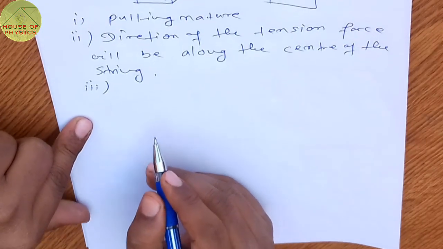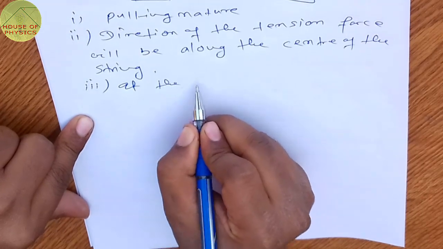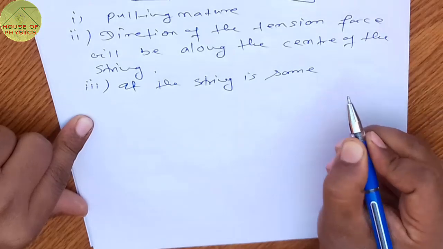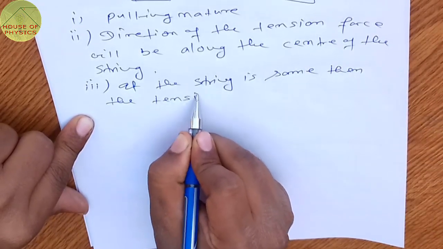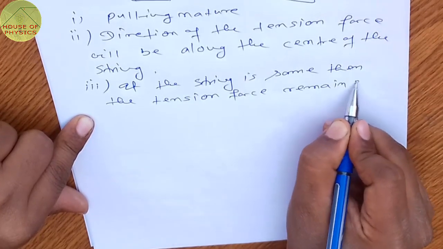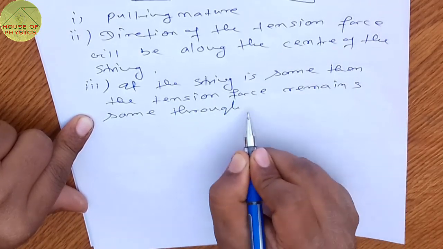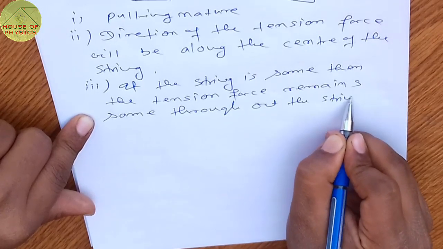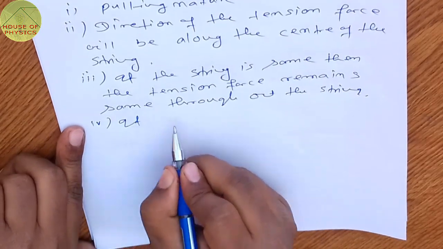For example, let me first write all these things: if the string is the same, then the tension force remains the same throughout the string. Next point, it is an internal force.